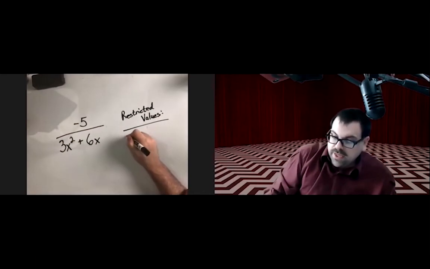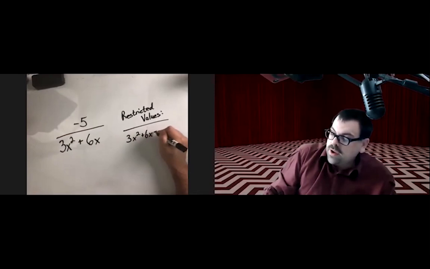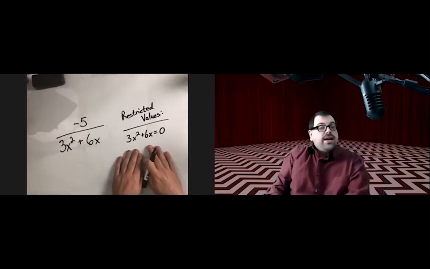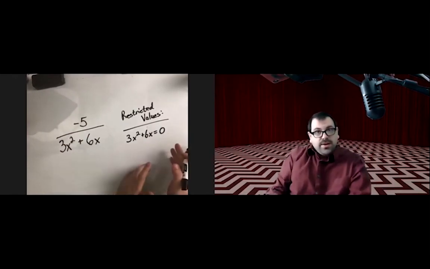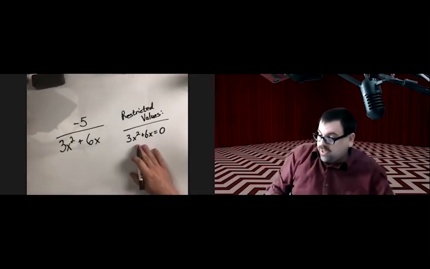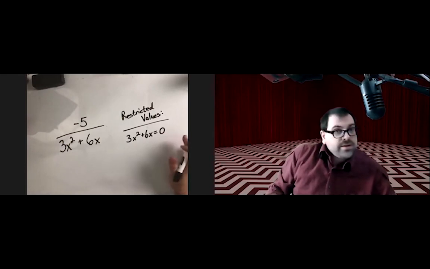Well, it would be what we get when we take the bottom, 3x squared plus 6x, and we set it equal to 0. We have a quadratic. What do we do? Everything on one side, 0 on the other, factor, and solve. Everything is on one side. We do have 0 on the other. So let's factor.